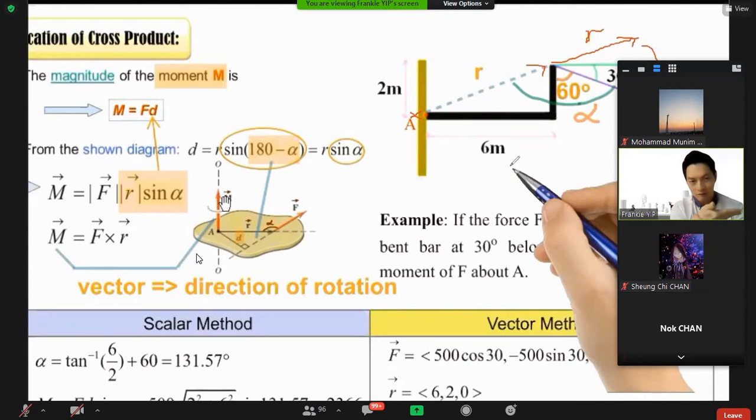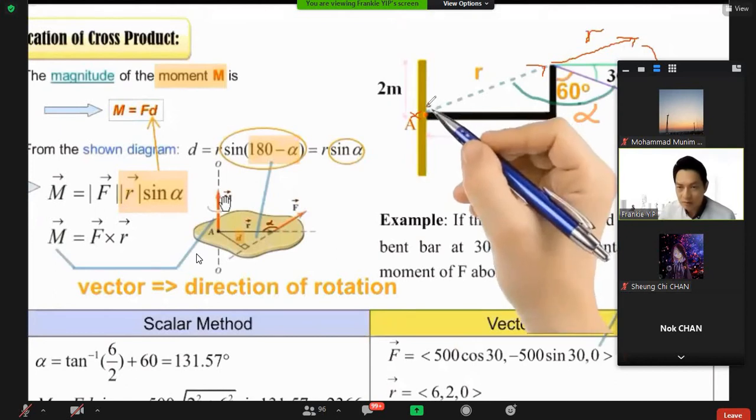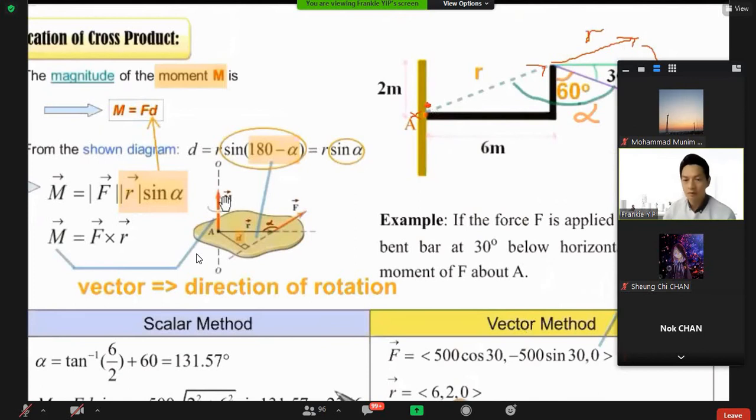And pointing upward, how can we represent it? It's represented by a dot. That means it's pointing upward. So we call this one out of the paper or into the paper.